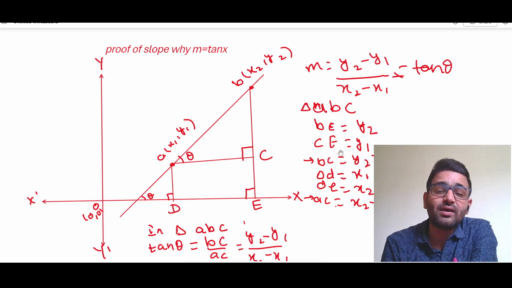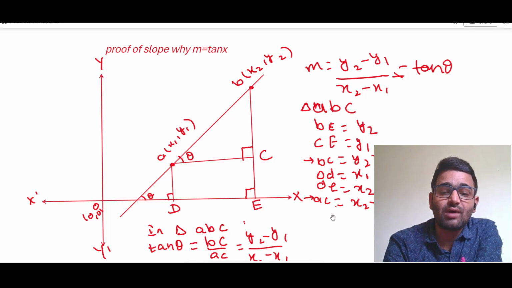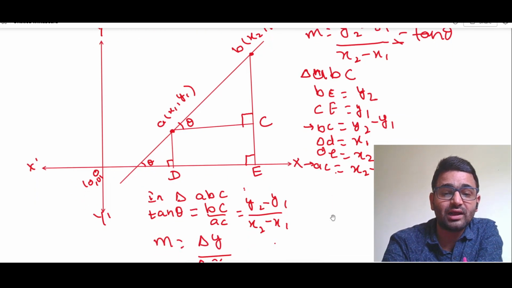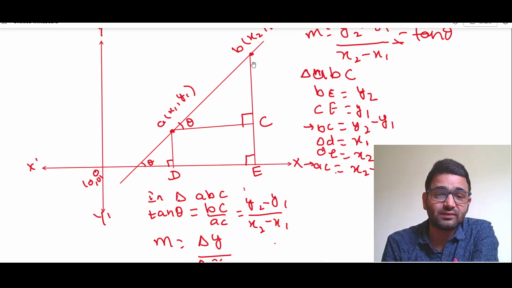First, I have to find the distance BC. BC will be nothing but y2 minus y1. Again, I have to find AC. AC will be nothing but x2 minus x1. Now I have used the basic property of triangle, that in triangle ABC, if I have to find tan theta, it will be perpendicular by base, and here our perpendicular is BC and base is AC.